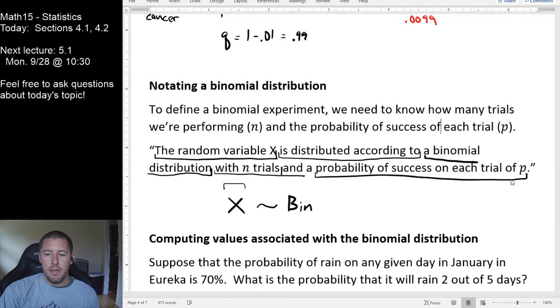All we're going to do after the bin is put n, p right there. So those are my five parts to this. Reading each of these five chunks: the random variable X is distributed according to the binomial distribution with a number of trials n and a probability of success p.